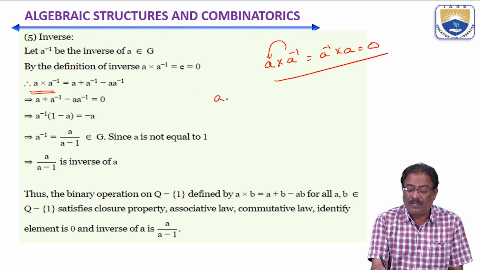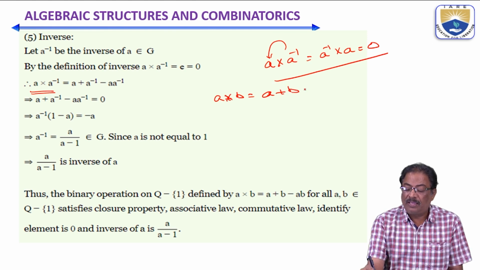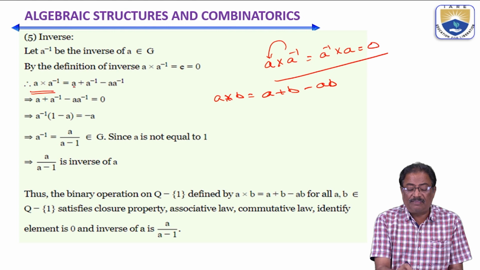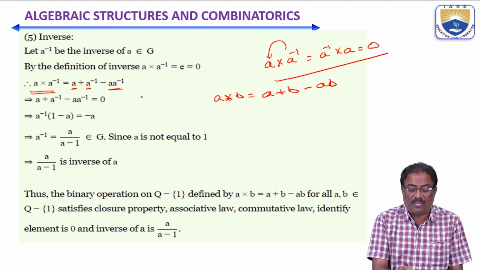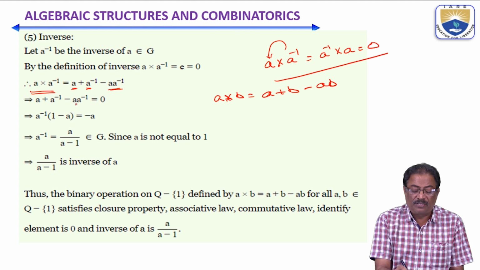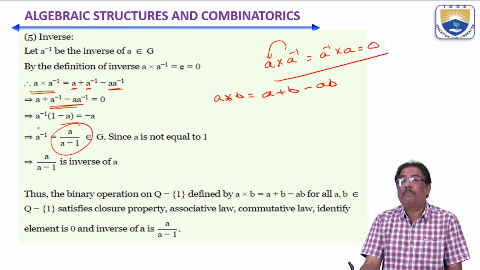That is, A cross B is nothing but A plus B minus AB, just multiplication. So we get A inverse. Now if I take A inverse as common, then A inverse is equal to A by A minus 1.